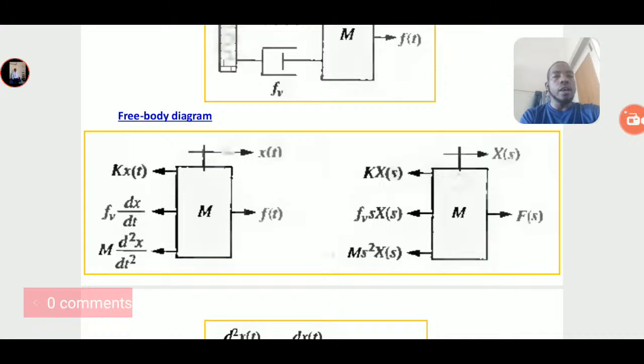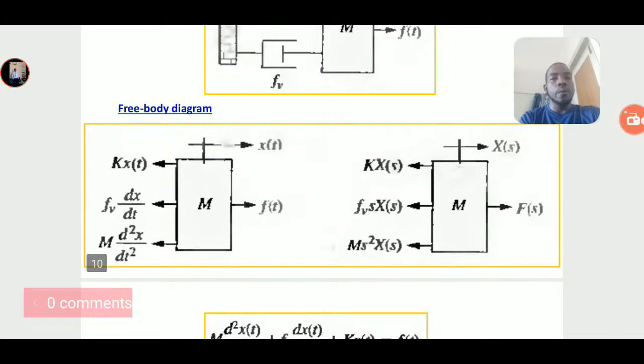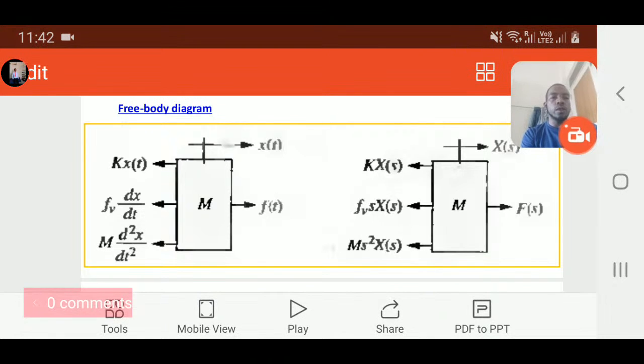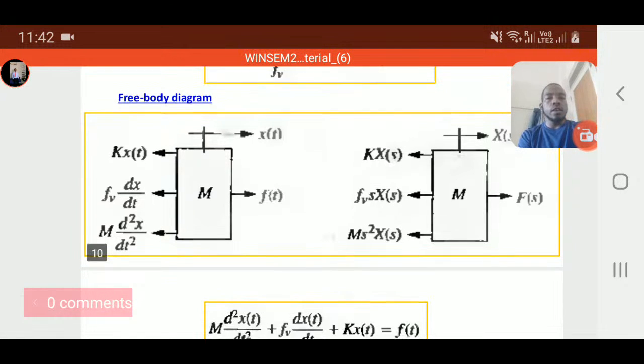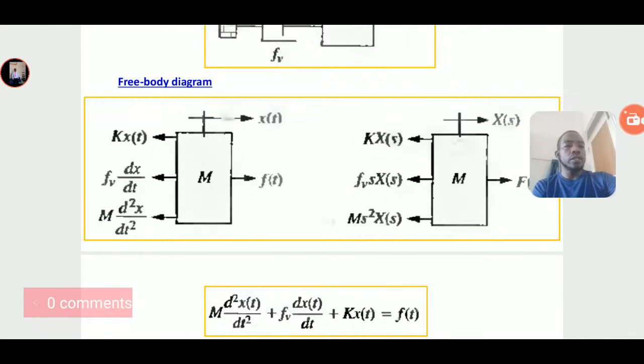When we draw it, it will be like this: here we have the spring, so one force is here, and here we have the dashpot, another force. Here we have the mass, and there should be another force, the applied force.